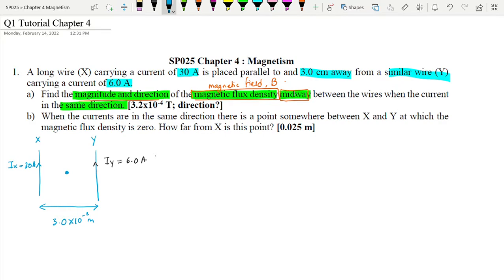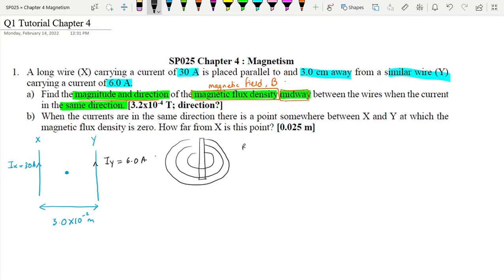So let's recap how the magnetic field for a straight conductor works. Usually when we draw a wire and want to sketch its magnetic field, we draw it as a circle. The circle is either clockwise or anti-clockwise, depending on your right hand grip rule.